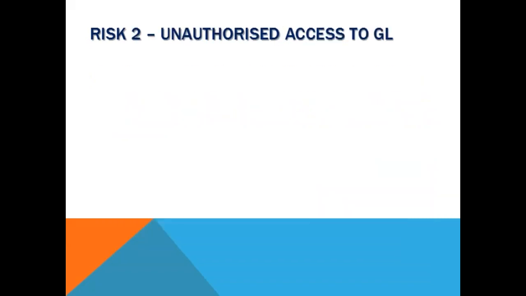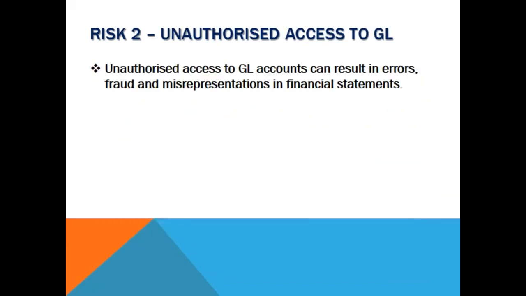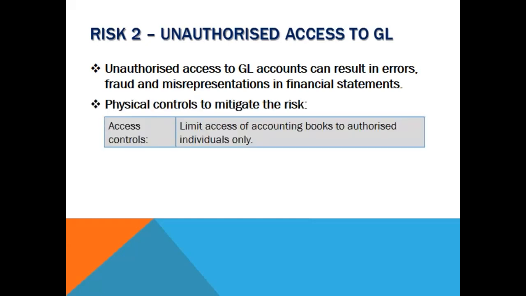The GLS contains confidential information data of the organization. Unauthorized access to GL accounts can result in errors, fraud, and misrepresentations in financial statements. The key physical control to mitigate this risk is to have access controls, so that access to accounting books is limited to authorized personnel only.